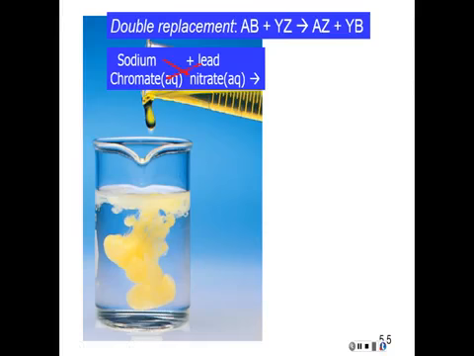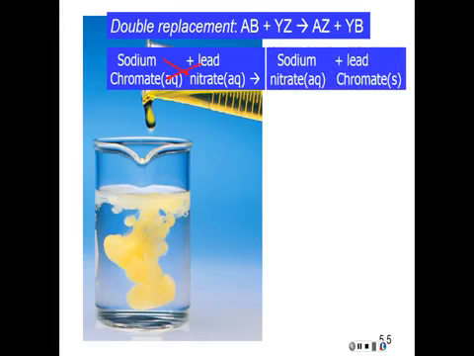And I can figure out what the products are by just switching those names. And here they are here. So my products are sodium nitrate and lead chromate. Now you don't have to worry about figuring out the products at all. You just want to be able to recognize that type of reaction. So in this case, my solid, you can see by my equation, is lead chromate, and that's actually called a precipitate. So this is an example of a precipitate reaction.